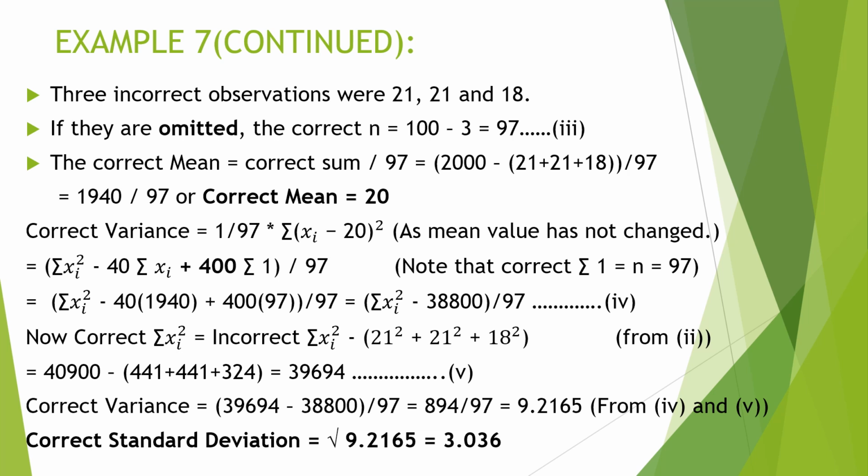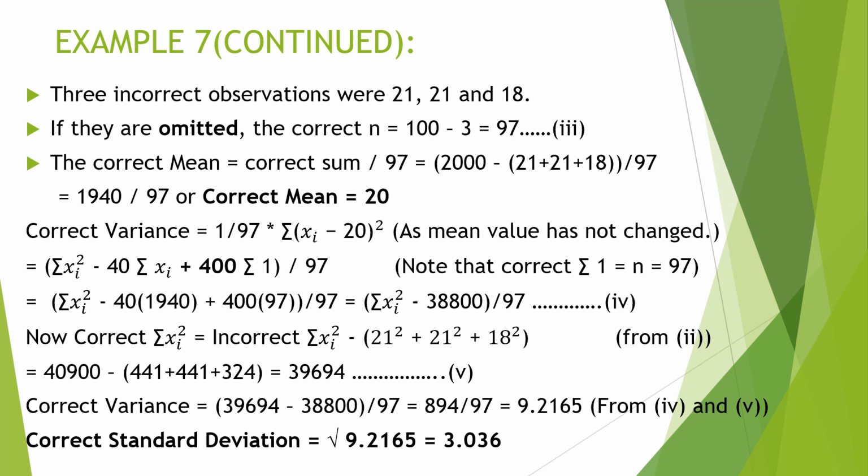So first of all, for getting the correct standard deviation or the correct variance, you will need to find the correct sigma xi square. So that is equal to 40900 minus the square of these three terms, which is 441 plus 441 plus 324. In short, your correct sigma xi square is 39694. Let this be equation 5.